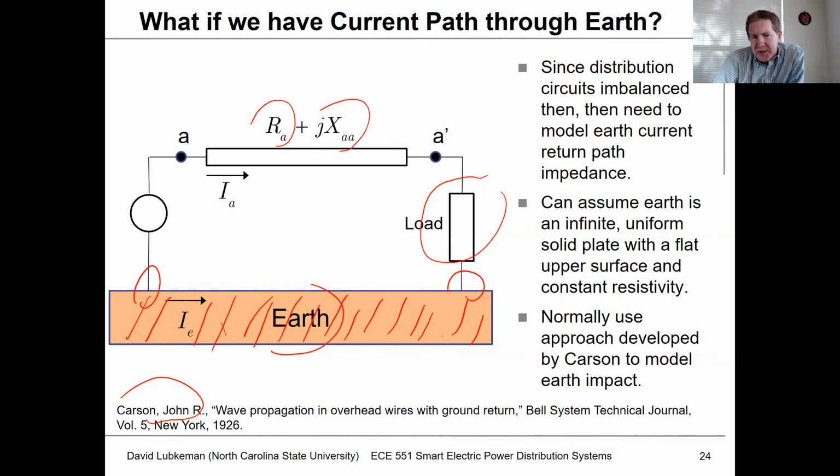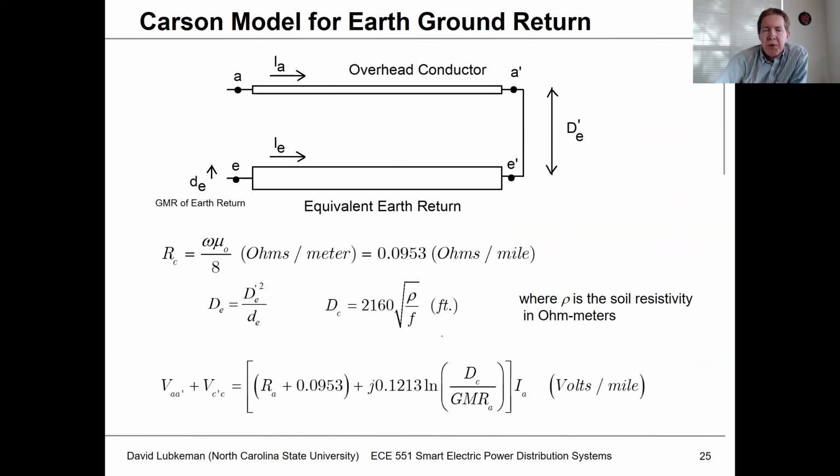And so what Carson said was that if I want to model the Earth, I can model it as if it were a conductor a distance D_E prime from the overhead conductor that has an equivalent, think about it in terms of a GMR type of number, given by D sub E.